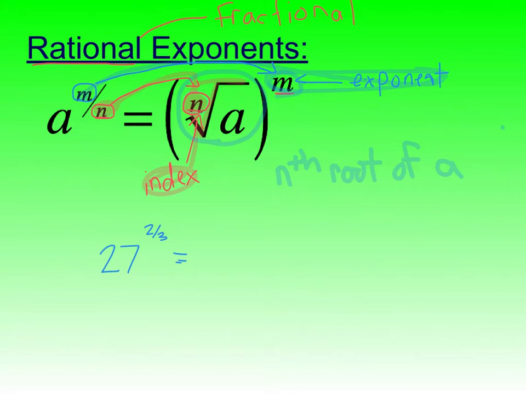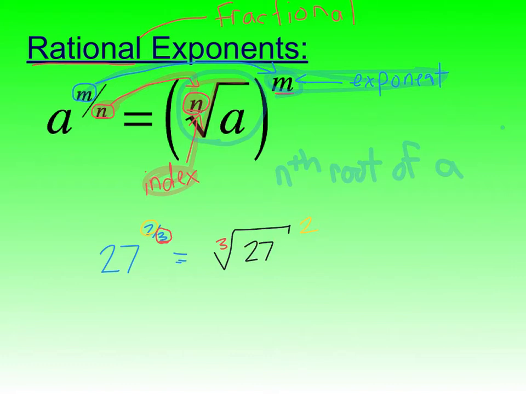So again, let's take a look here. The denominator becomes the index of the radical. So there's my index there. The numerator will become the exponent out there, and then the base is 27. Now, where do you put the 2?